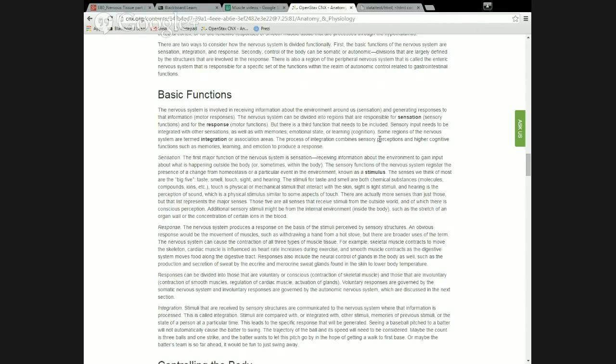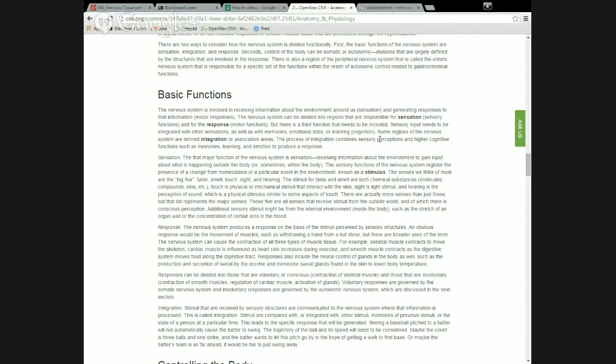Then motor function is the response. We use the word motor because we're usually referring to controlling muscles, but it's a little bit broader than that. Most of it is controlling muscles. It can be skeletal muscle, cardiac muscle, or smooth muscle.